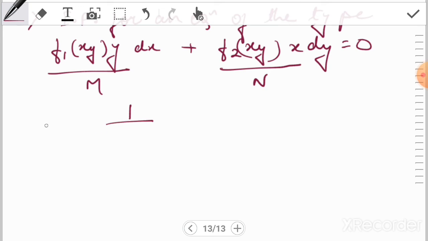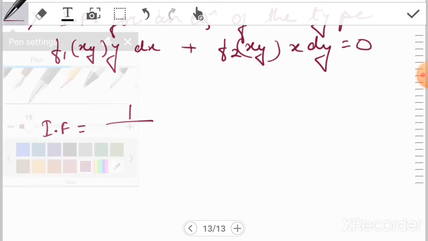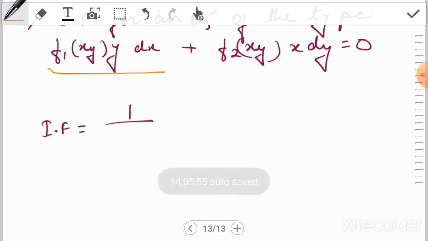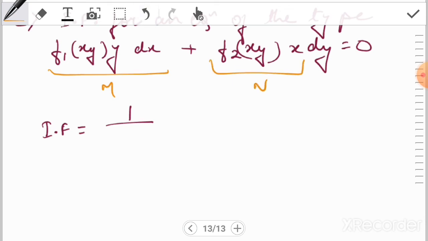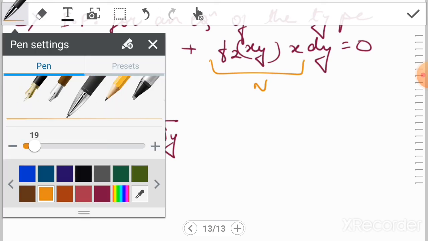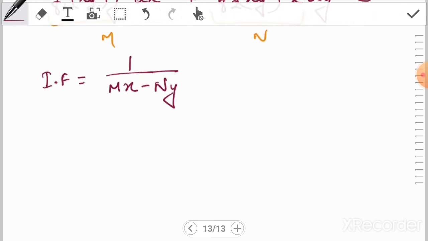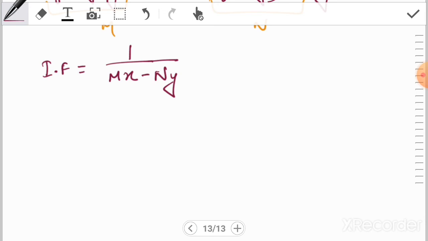Then the integrating factor will be equal to 1 by (Mx minus Ny), right? Okay, and then we can proceed as usual.